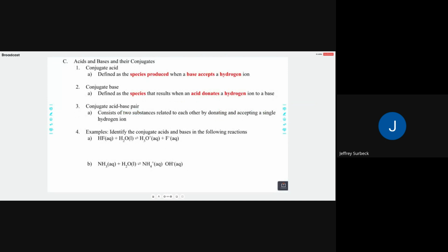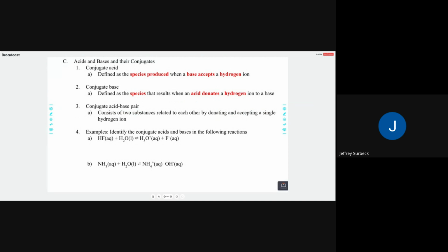Now, what we can also do is have these terms called conjugate acids and conjugate bases. A conjugate acid is the addition of one extra H, and a conjugate base is the subtraction of one H. And so with this here, I want to show a couple examples.